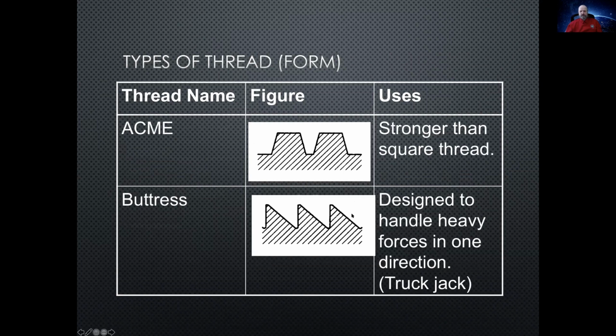And then the buttress, this is kind of what you see on a truck jack, or maybe a ratcheting system where you go in one direction. You want a lot of contact area here to pull this ratchet to the right, and then when you pull it one tooth, you come back to the left, grab the next tooth and then pull it to the right.